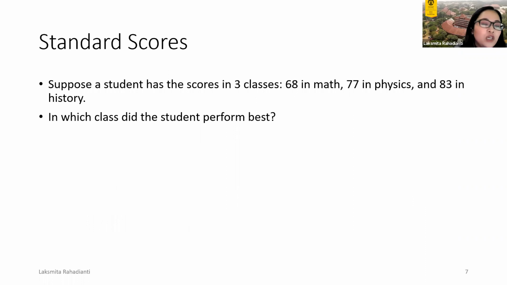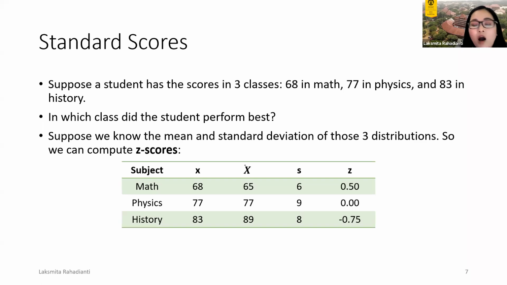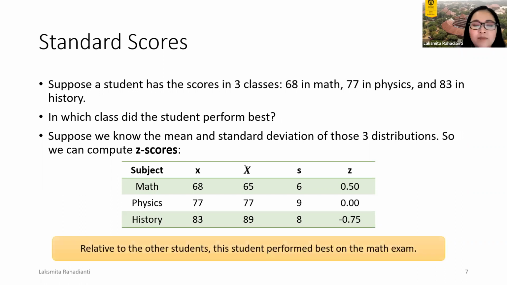So as an illustration, we used this example last week. Aside from the heights, we also talked about different scores. Although we see here that, if you take the absolute values, that 83 in history looks really good, when you consider the standard deviation and the mean of the three tests, you actually can see that the z-score of the math score obtained is a lot better, because considering the mean and the standard deviation of that particular subject, 68 is not a bad score, whereas when you have 83 and everyone else has an average of 89, maybe 83 is not such a good score anyway.